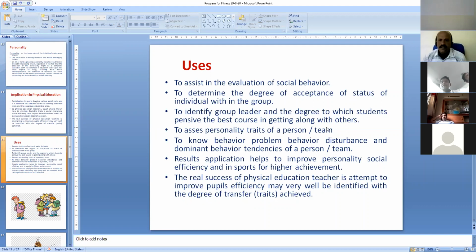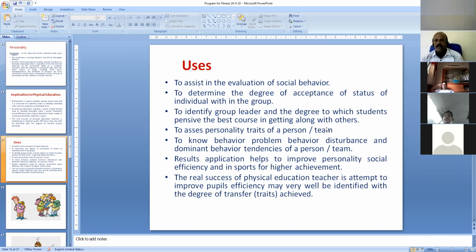To identify the group leader and the degree to which students pursue the best course in getting along with others. To identify the student leader, to allot the captainship, or to lead the team, or to lead a bunch of students for a work in a picnic or in recreation activities, all these things.